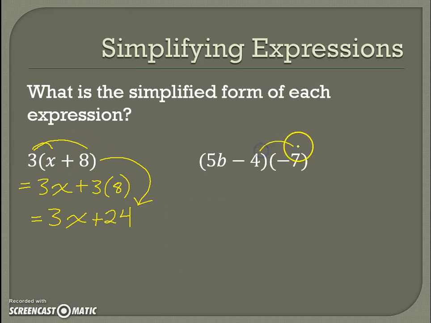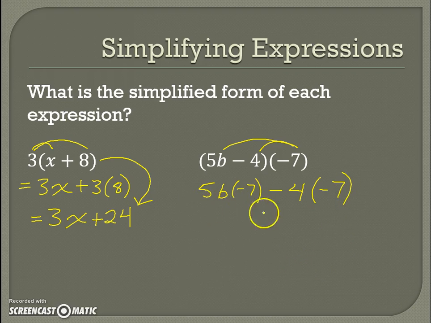All right, let's go over here. Here we have some backdoor rainbows going on. So here I have 5b times negative 7 minus 4 times negative 7. Now this one's a little bit uglier looking than that other one, but it's not impossible.